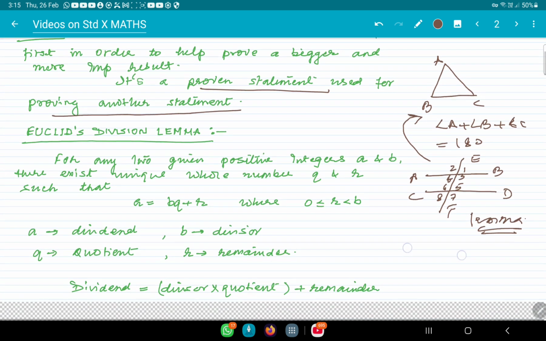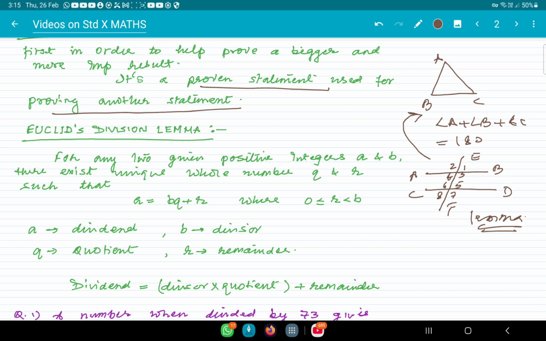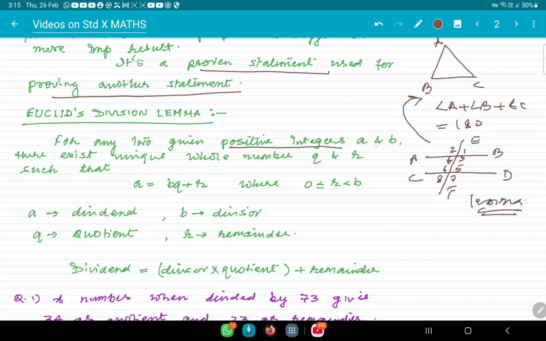Now what does Euclid's division lemma say? For any two given positive integers, please remember positive integers, say small a and small b, there exist unique, meaning only one, whole numbers q and r such that a is equal to bq plus r.